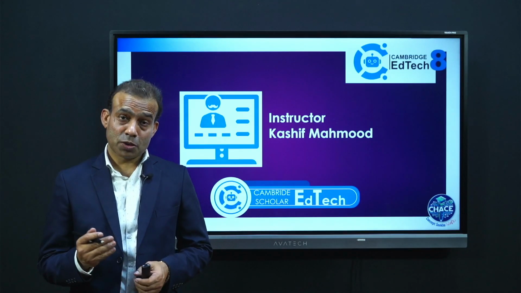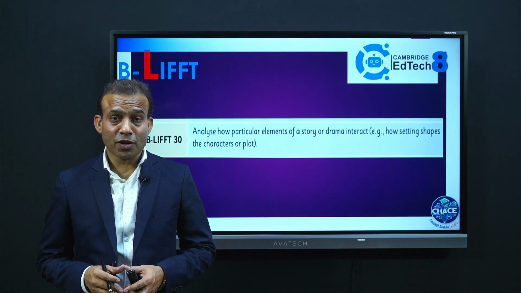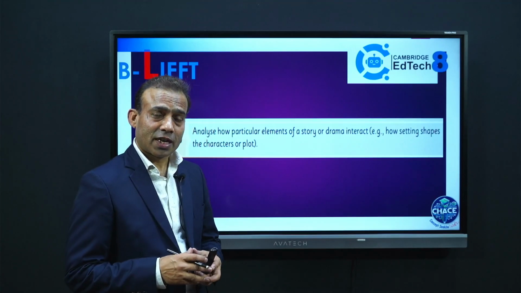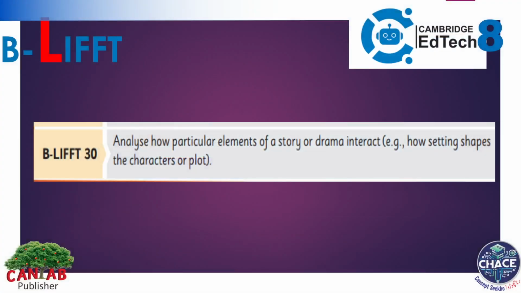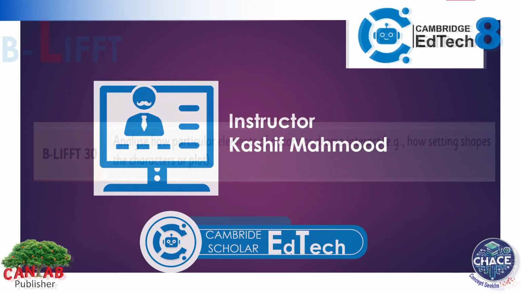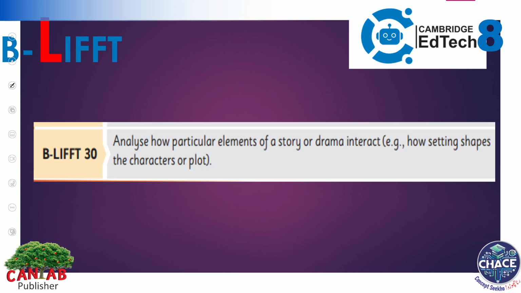So, let's move to the B-Lift, that is B-Lift number 30, and try to understand what the B-Lift is conveying to us. Analyze how particular elements of a story or drama interact, how setting shapes the characters or plot.